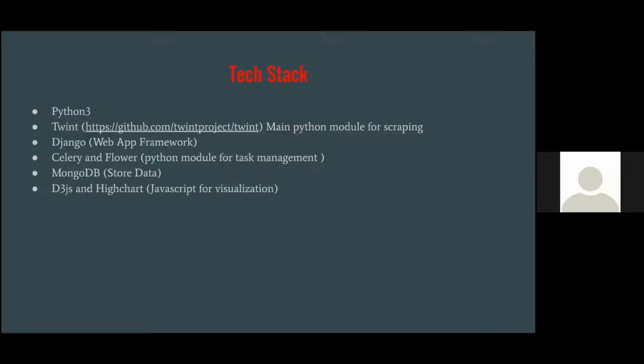Next, Celery and Flower, which are Python modules for task and queue management. Next is MongoDB for storing posts, tweets, and all data. The last one is D3.js and Highcharts.js for visualization.